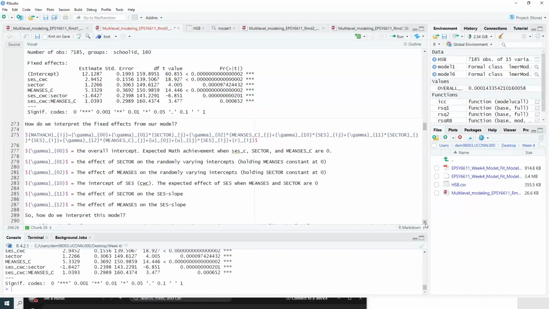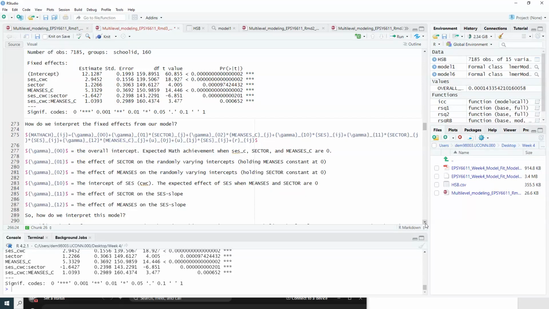So when SES group mean centered is 0, when sector is 0, which means a public school, and when mean SES centered is 0, which means a public school of average SES, right? So this overall intercept is really the expected math achievement for a public school of average mean SES.